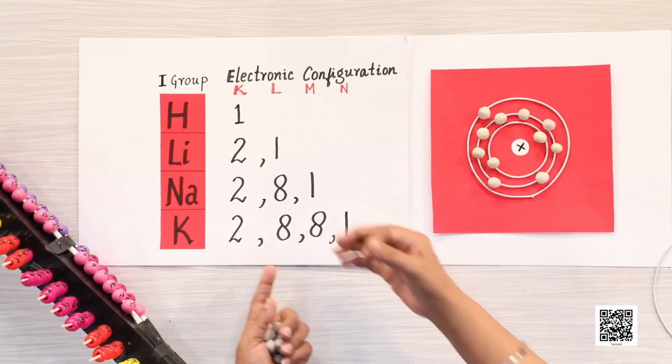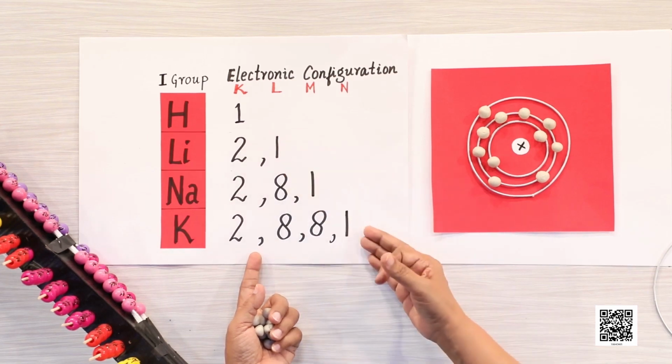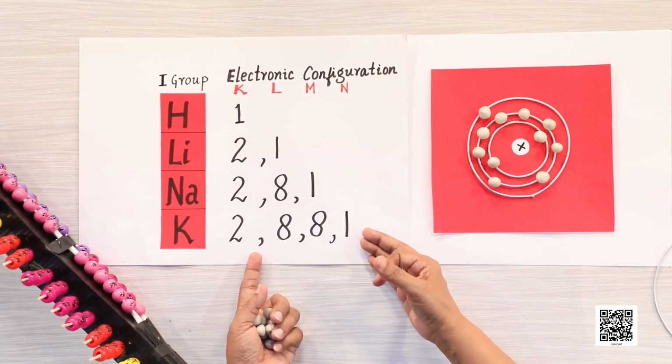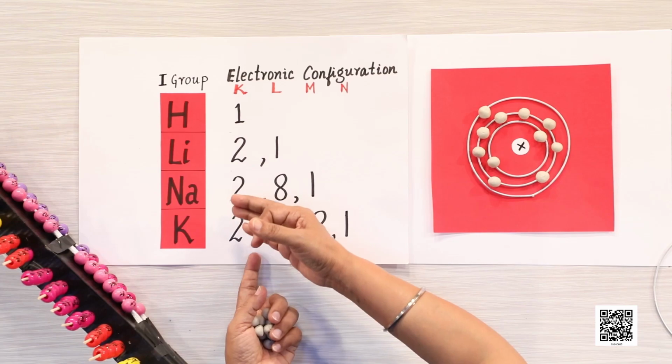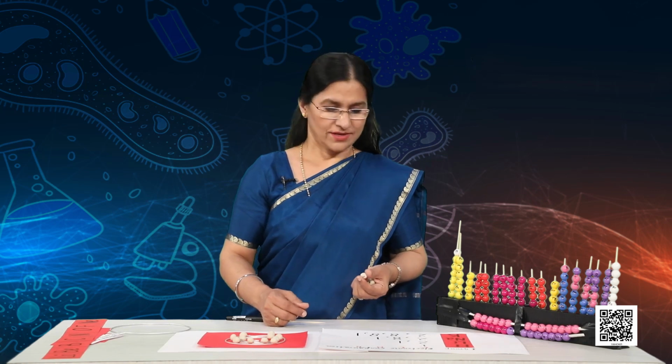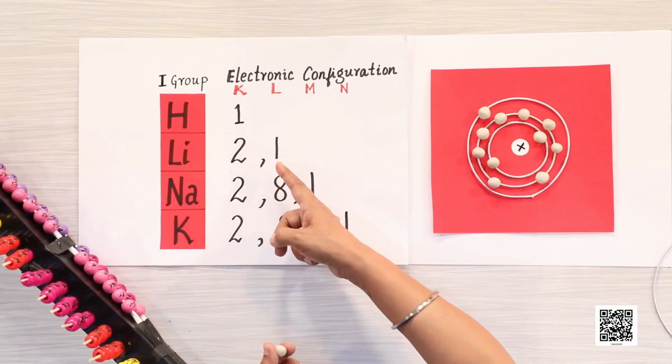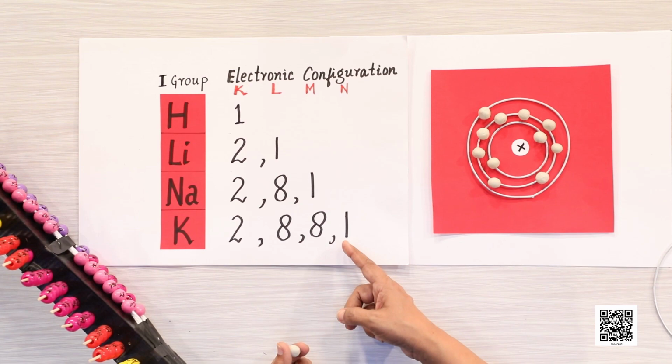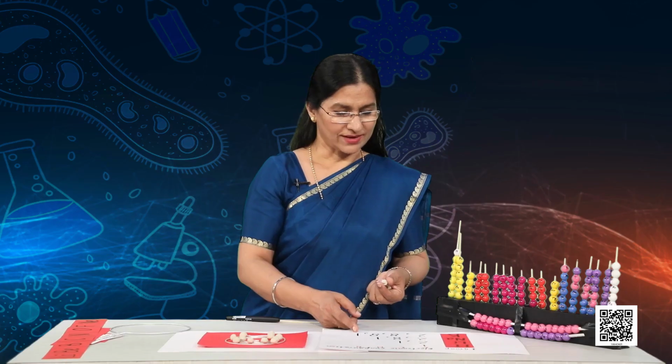As you can see here in the electronic configuration, the valency of all the elements in the first group is 1. So, what is the valency of potassium, which is also in group 1? You can see here how the valency varies in going down a group. Well, it remains the same. Go ahead and find out valencies of the first 20 elements.